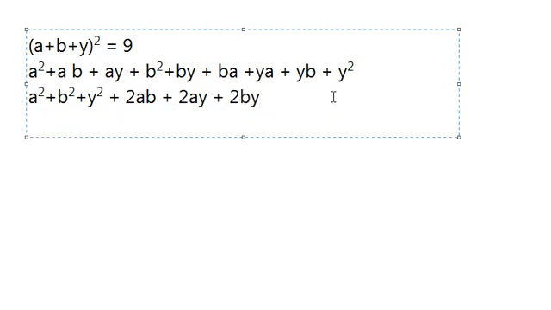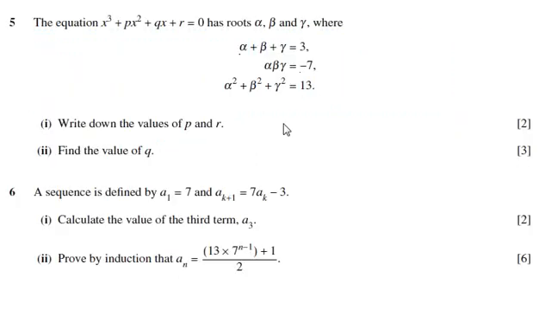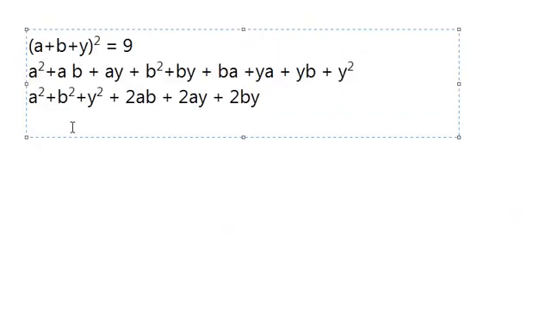And now we have essentially a value of squares, which we know is 13. So we go to 13 plus 2 times the alpha beta, beta gamma, alpha gamma term, which is equal to 9 because we didn't change anything yet, so everything is equal to 9.